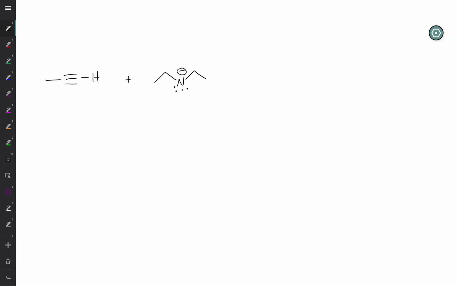Since one of them is negative and one of them is neutral, who's likely to act as the base? The negative one, yeah, the nitrogen. So nitrogen is likely to act as the base here, deprotonate the terminal alkyne.